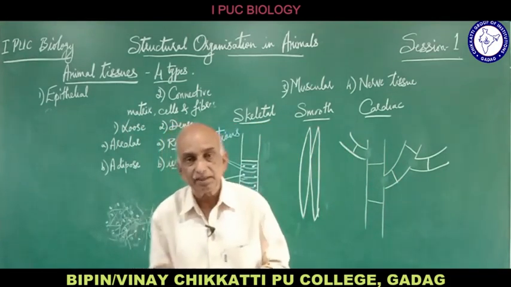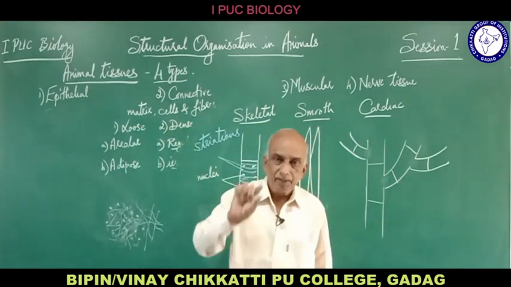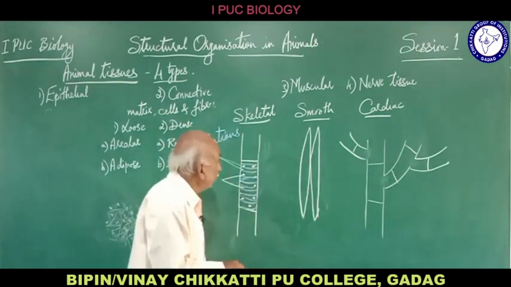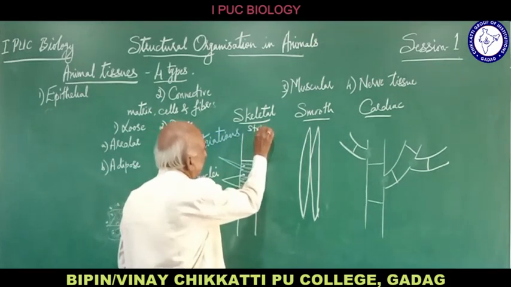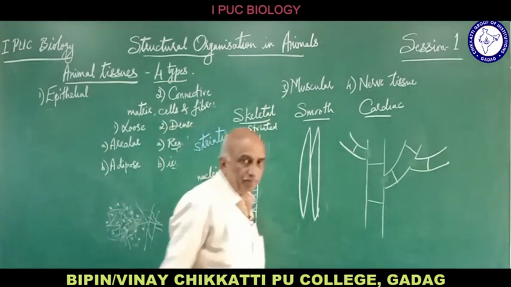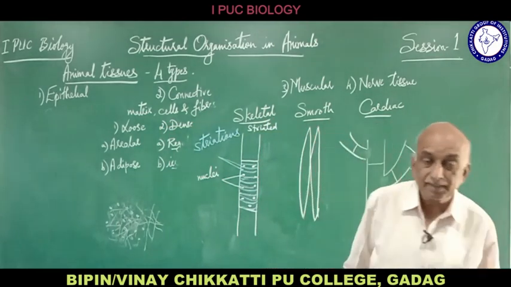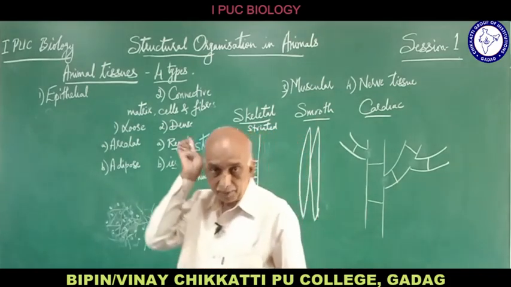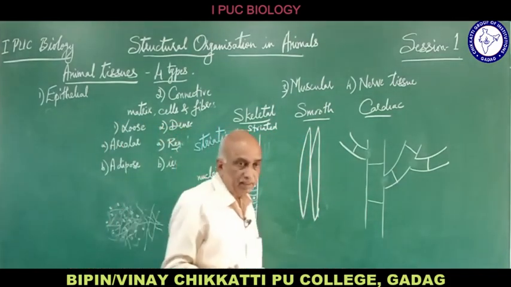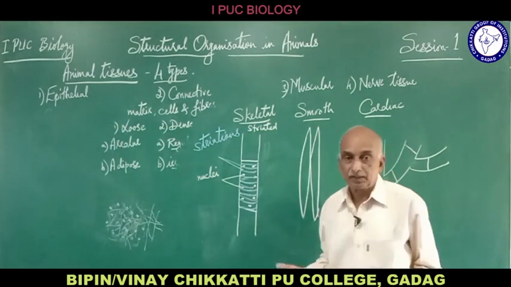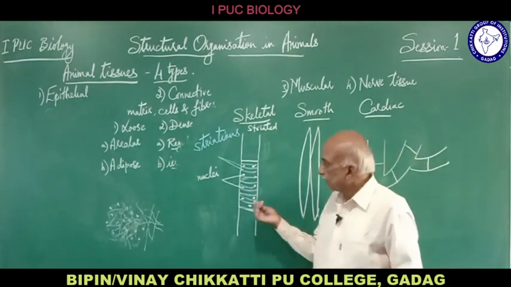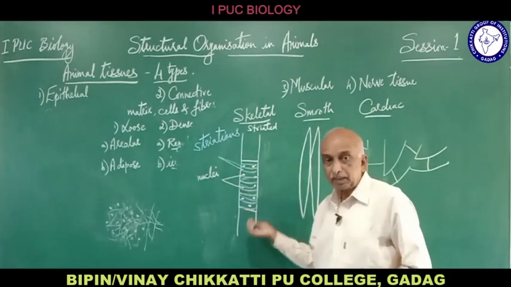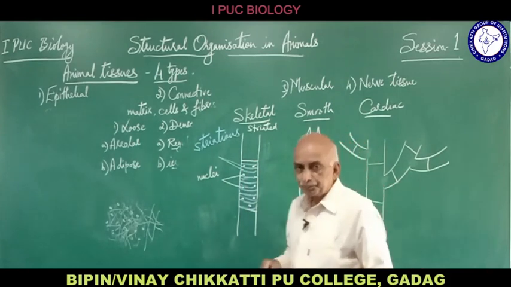So in that cell the striations are seen clearly, and that is why they are called striated muscles. Sometimes they are also called striated skeletal muscles. As they are found attached to the skeleton, because of their location they are called skeletal, and due to the presence of the striations they are called striated muscles or striated muscular tissue. So these striations are the characteristic feature of the skeletal muscles.